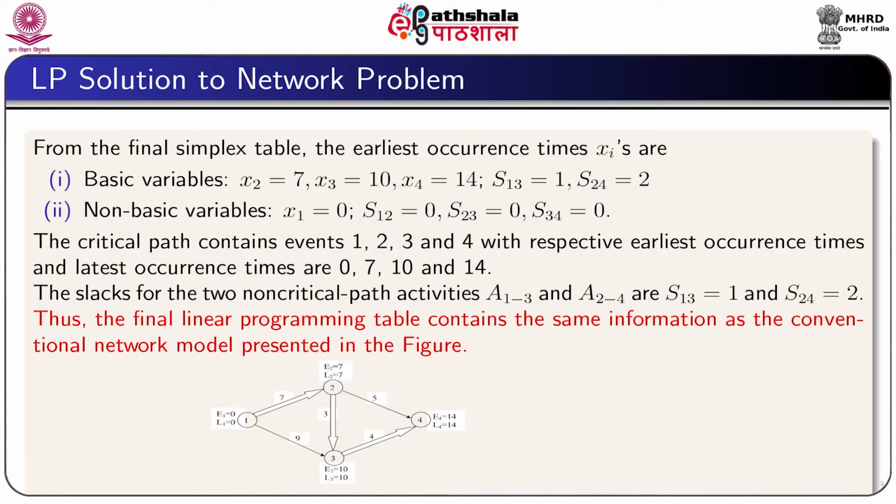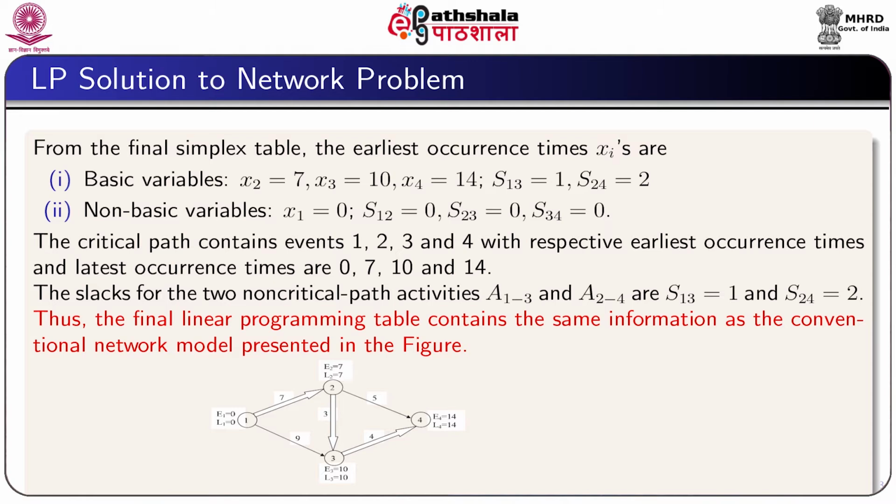The final table shows the earliest occurrence times xi as the basic variables x2 equal to 7, x3 equal to 10, x4 equal to 14, s13 equal to 1 and s24 equal to 2, whereas the non-basic variables x1 equal to 0, s12 equal to 0, s23 equal to 0 and s34 equal to 0.